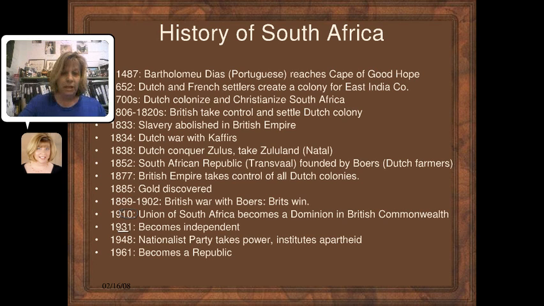And in 1931, it actually won its independence. And then in 1948, a very key event happens. This is when the Nationalistic Party takes power and institutes the policies of apartheid. And in 1861, they became a republic. Now, we're going to talk about apartheid and some of these conflicts on a later slide, but this is just to see some of the history of how the Europeans had interacted with South Africa.